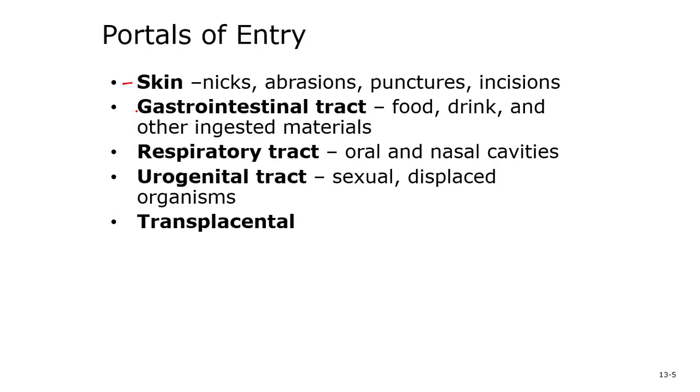Gastrointestinal tract, which is a very common portal of entry when bacteria enter through food or drink. Respiratory tract, another common portal of entry. Urogenital tract, which mostly includes sexually transmitted diseases. And transplacental, this is anytime the illness is passing from the mother to the fetus.